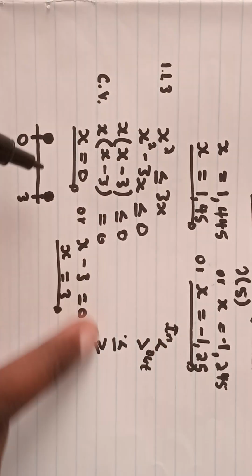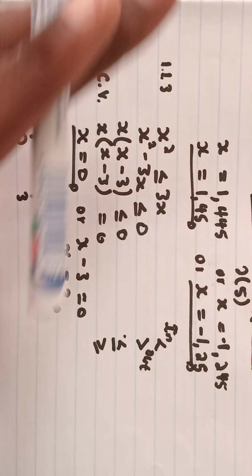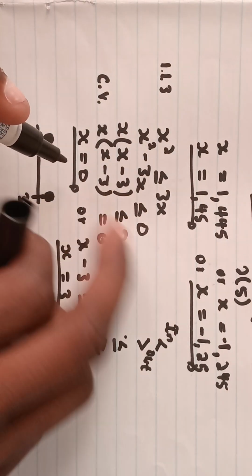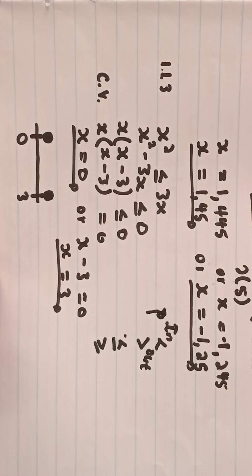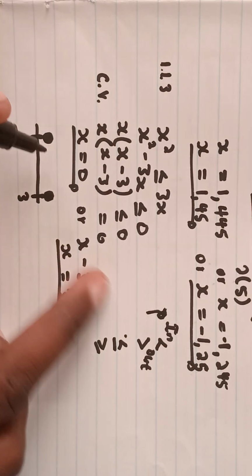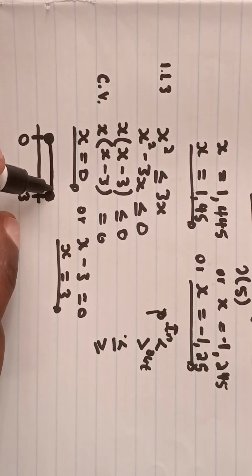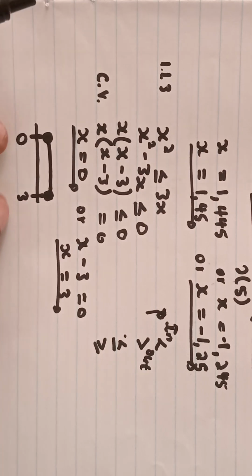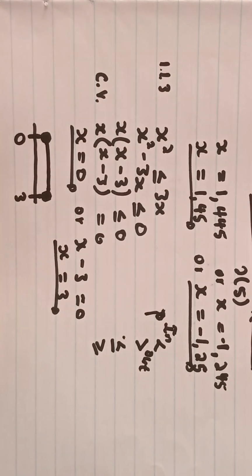We can see that our inequality points that direction. So if it points that direction, it applies to this one. So our inequality means that our solution is in between the critical values that we got. So it's in between 0 and 3.